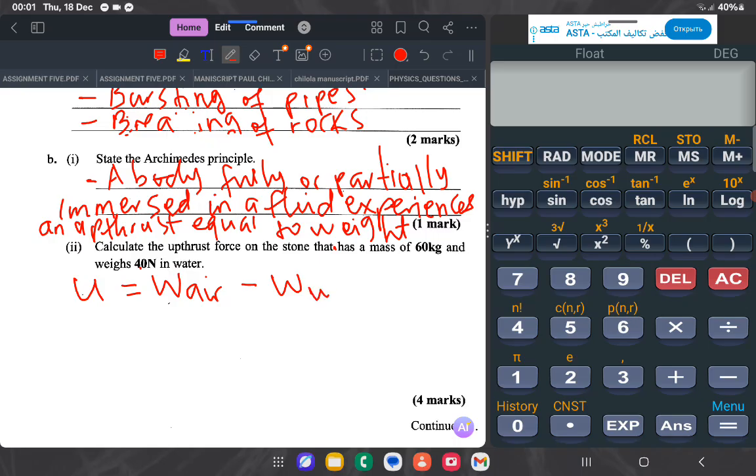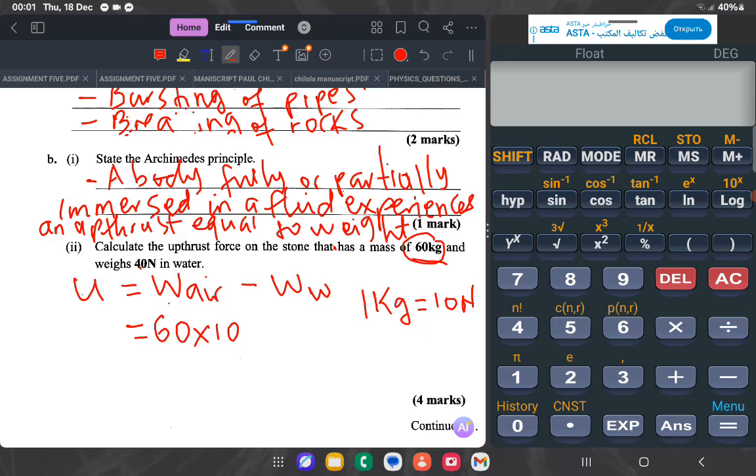In this case, we're looking at water. So we have to find the weight in air. To find it, we take the given 60 kgs multiplied by 10. Remember, 10 is known as the gravitational constant. 1 kg of anything is the same as 10 newtons.